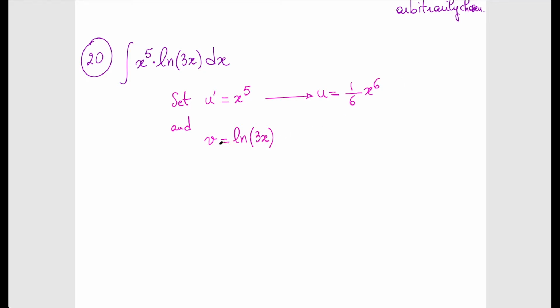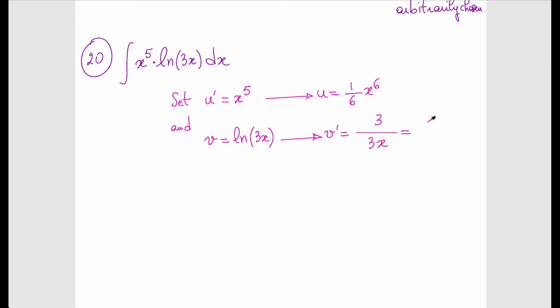And then if this is v, what is v prime? What's the derivative of v? What's the derivative of ln of a function which is a function of x? Well, it's the derivative of the function, which is 3, divided by this argument, which is 3x.